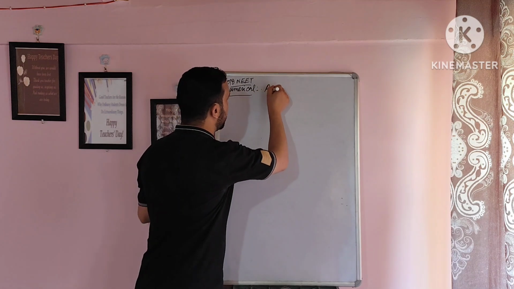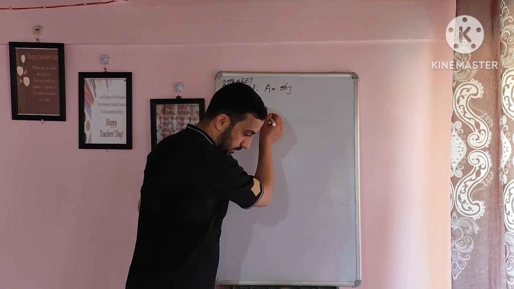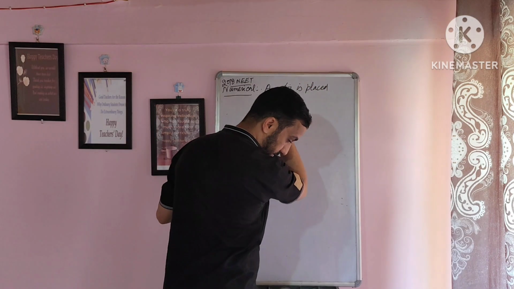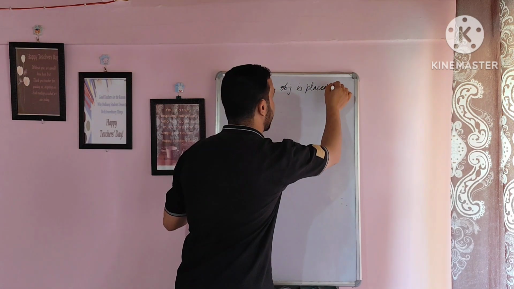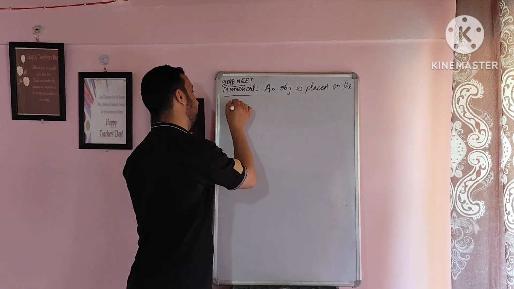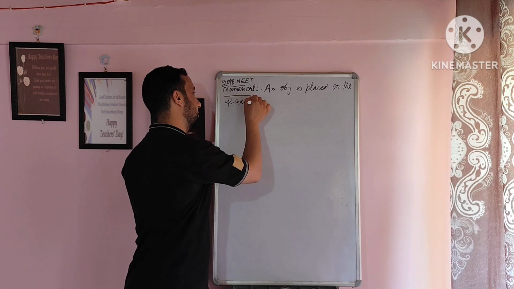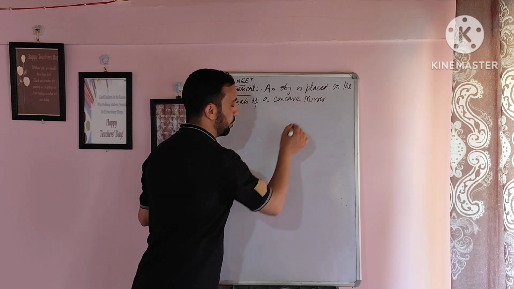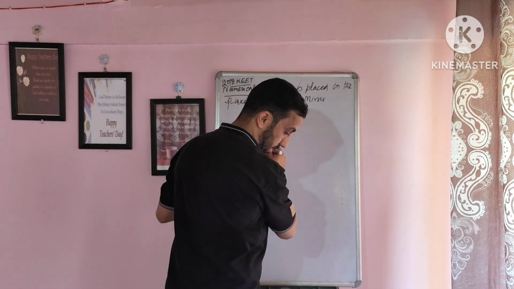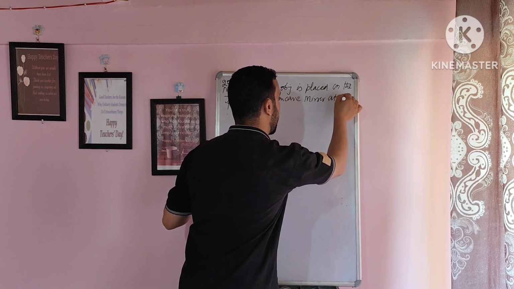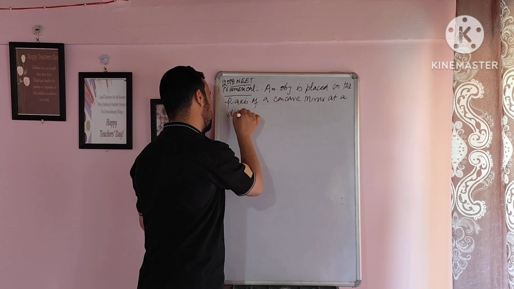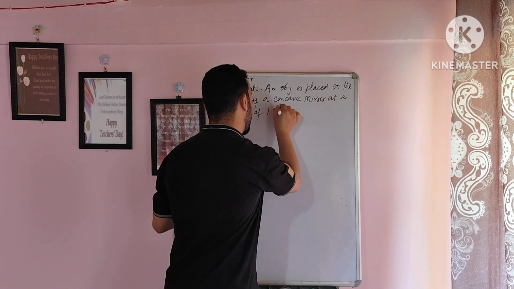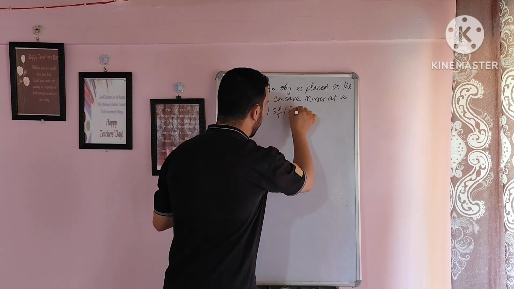Numerical: an object is placed on the principal axis of a concave mirror at a distance of 1.5 f, f being the focal length.